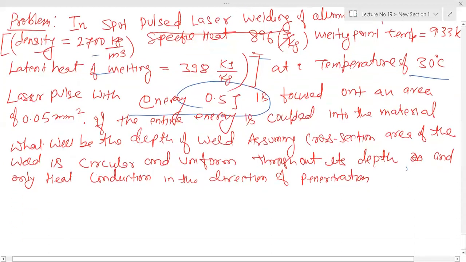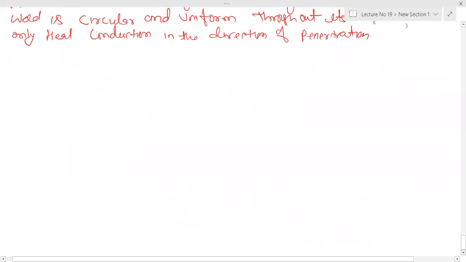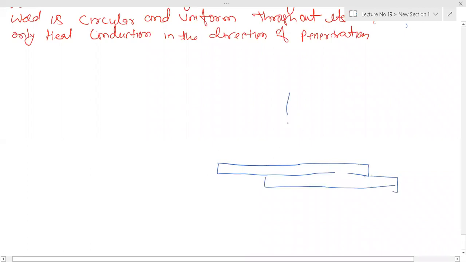If you see, you have two aluminum sheets and a laser torch, and the laser beam is focused here. The energy is pulsed, meaning once switched off, switched on. So it is a pulse of 0.5 joule.